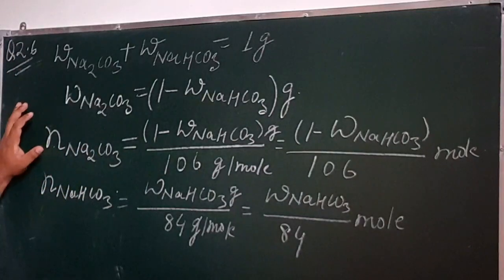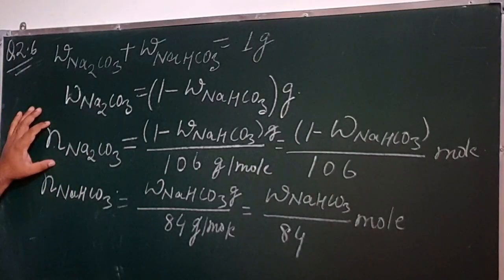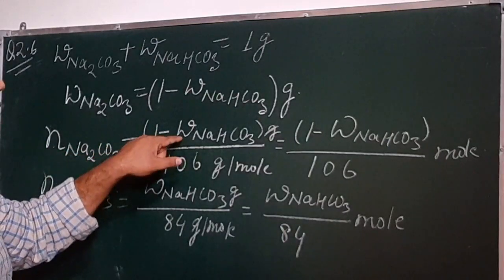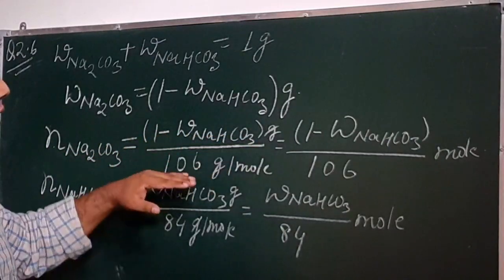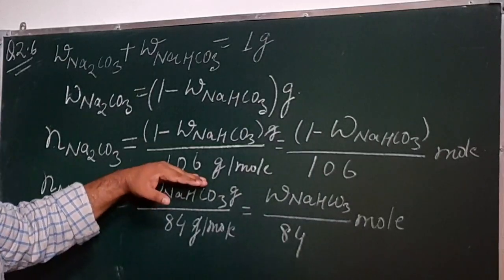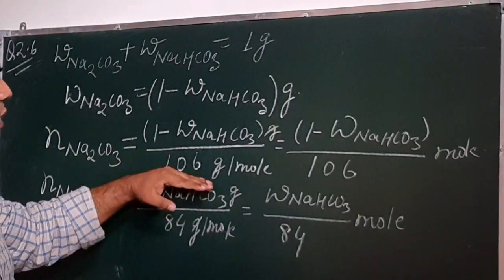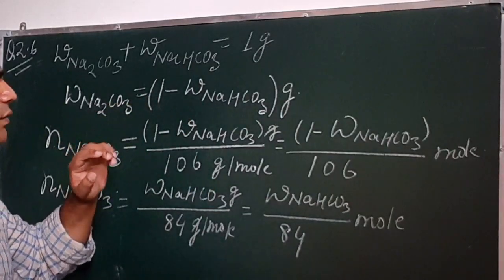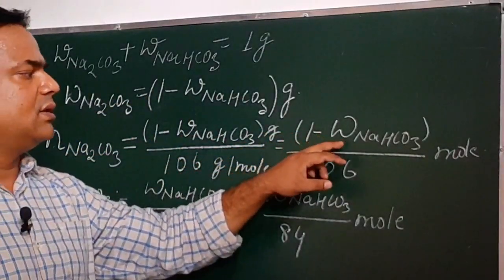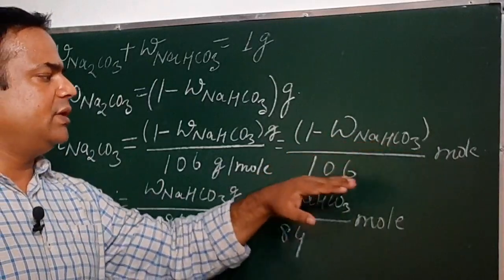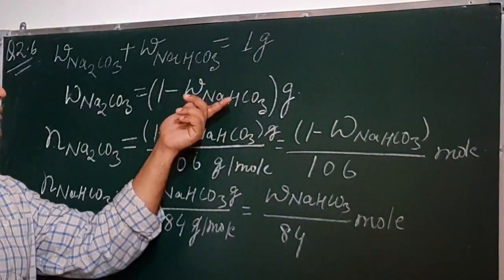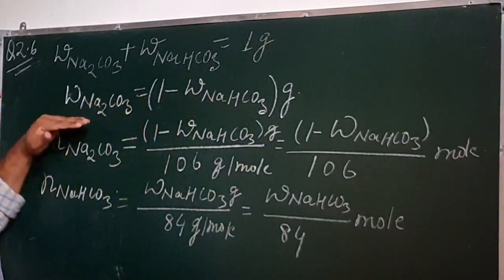From here we can calculate the number of moles of Na2CO3. The number of moles of Na2CO3 will be 1 minus mass of NaHCO3 divided by the molar mass of Na2CO3, and this molar mass is 106 gram per mole. Gram will cancel out. From here we can write 1 minus mass of NaHCO3 divided by 106 mole. 1 minus mass of NaHCO3 is the mass of Na2CO3.